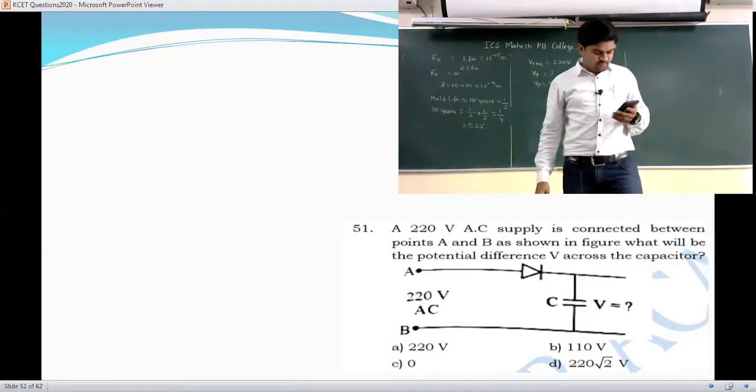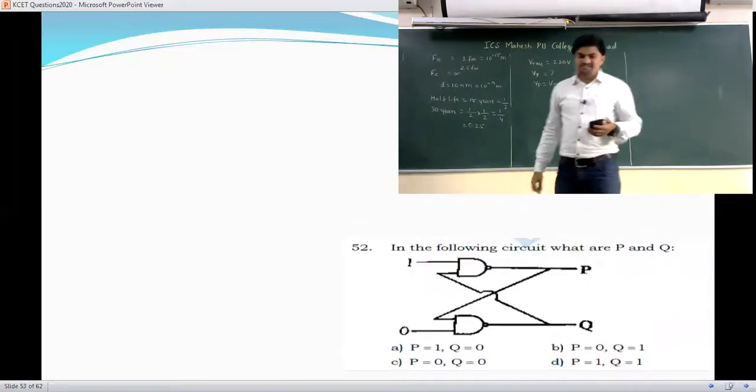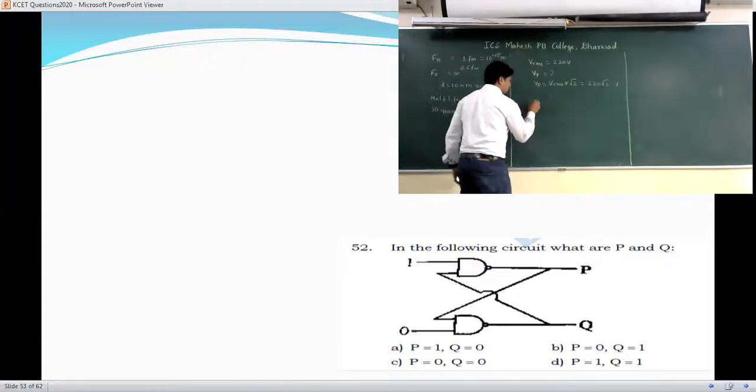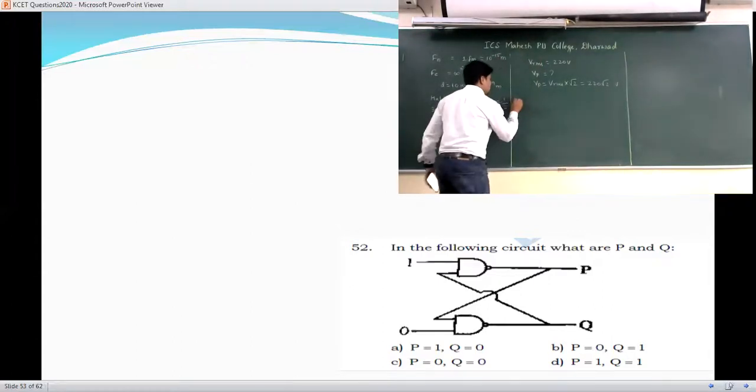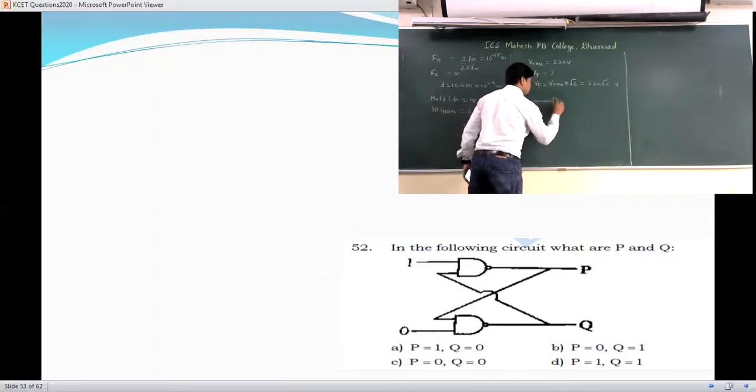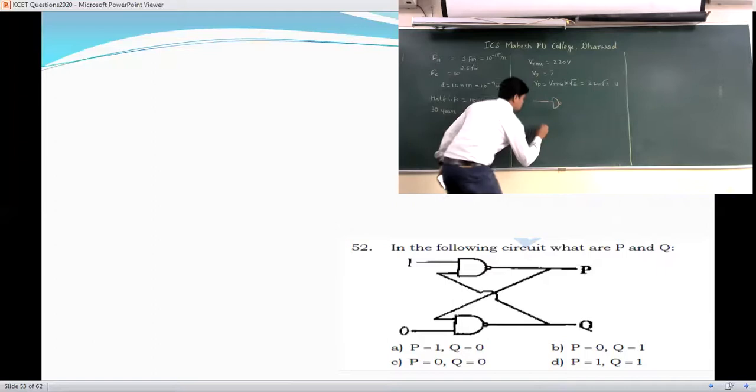Yes, go for the next one. This is a pretty interesting one. I will just draw that. It is the 52nd question. Here we have a logic circuit. They have given NAND gates.